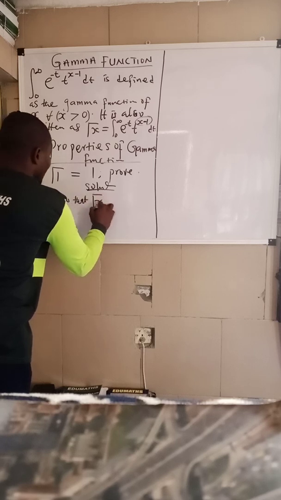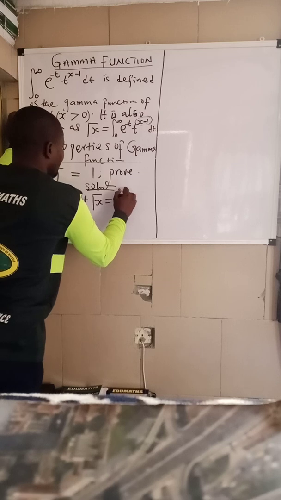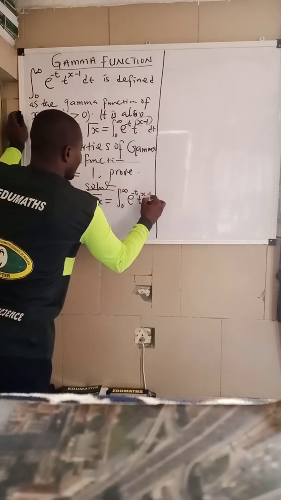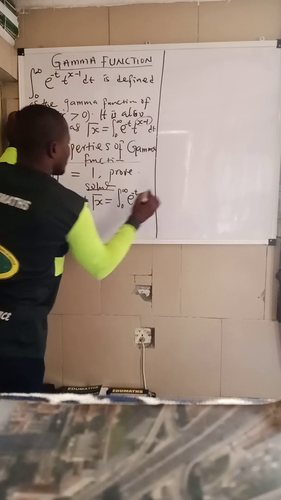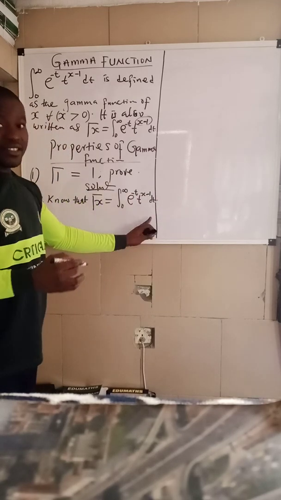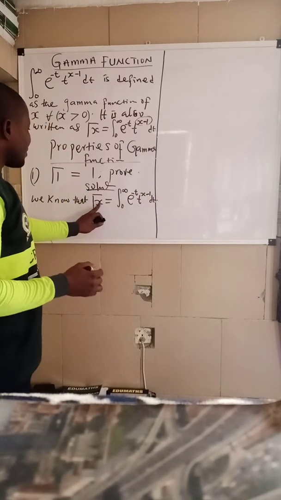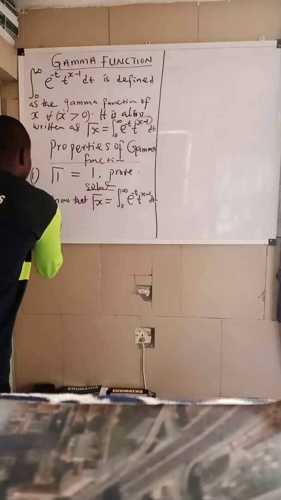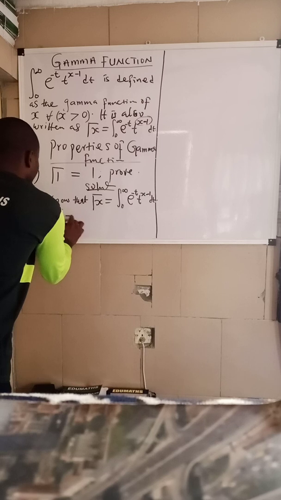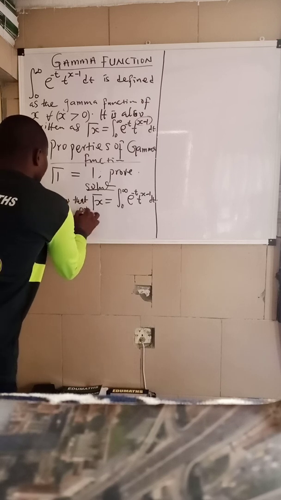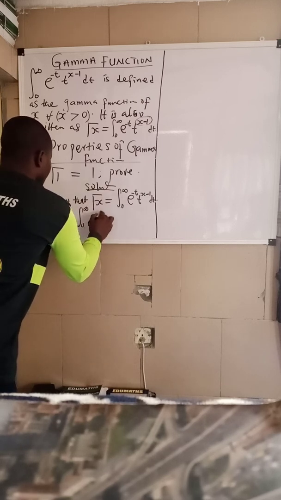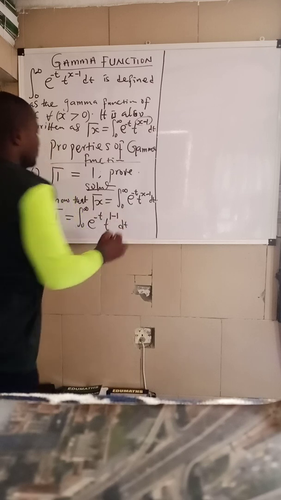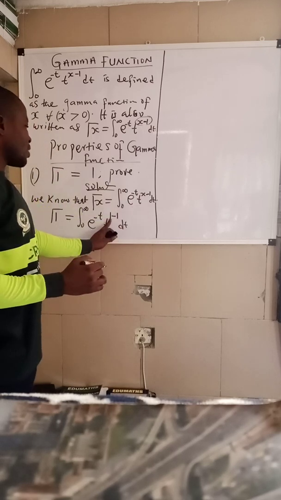We know that gamma x is equal to the integral from 0 to infinity of e to the minus t, t raised to the power x minus 1, dt. We know that gamma x is this, right? This time around, x is acting as 1, so we can define our gamma 1 as the integral from 0 to infinity of e to the minus t, t raised to the power 1 minus 1, dt, having in mind that x is 1.